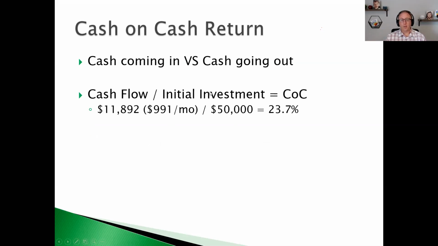For my initial investment, I left off the closing costs. I just knew I'd have $50,000 in down payment. Not right, not wrong, but that's how I was analyzing it. Based on that, almost $12,000 gross versus the $50,000 down payment is a 23.7% return. Okay, maybe that's good, maybe it's not.